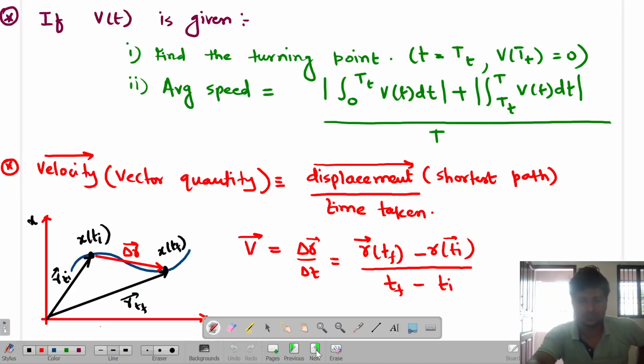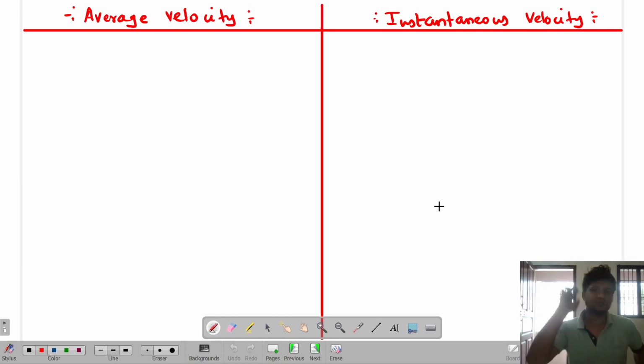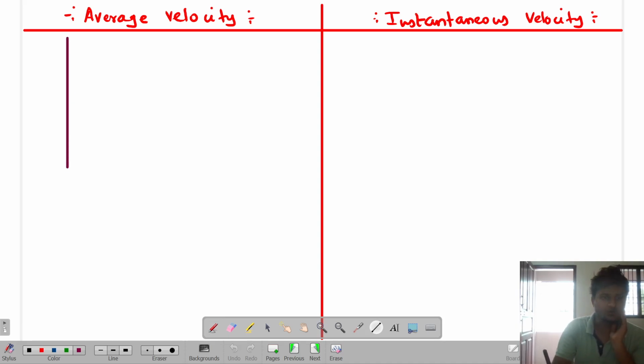Let us complete this average velocity part and instantaneous velocity part. Now today I mainly want to talk about average velocity and instantaneous velocity in a graphical way. Got it or not. Like this is some position coordinate x or y, we can say position r, and this is time t.